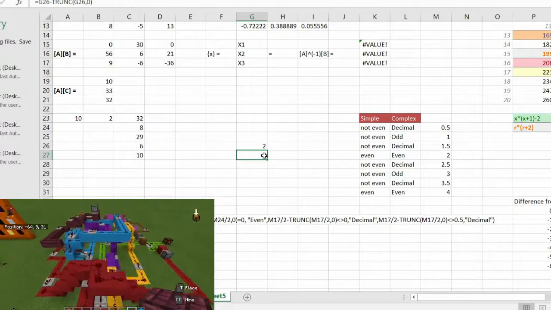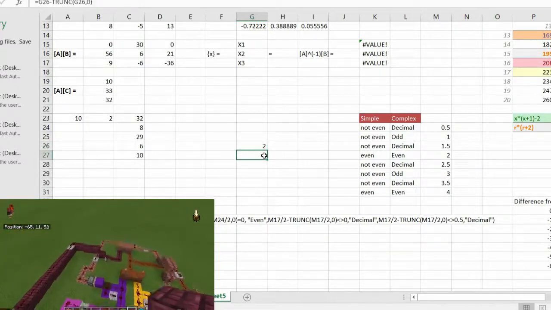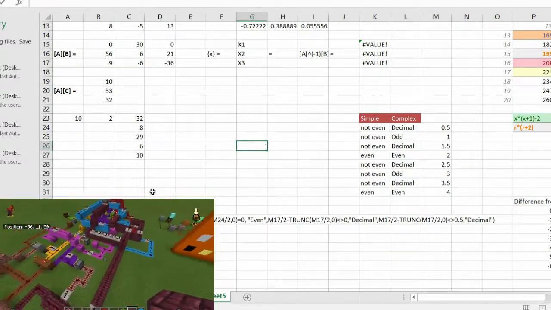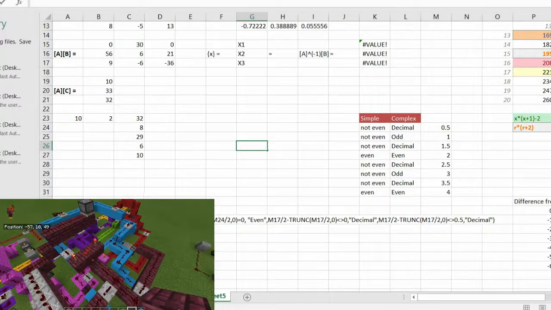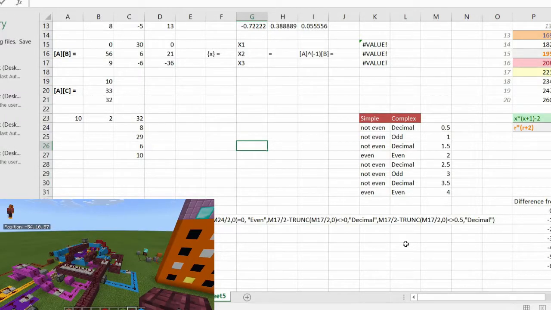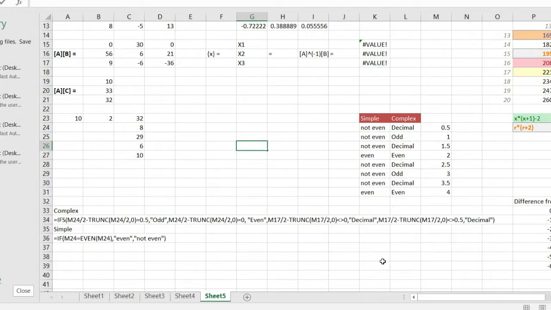It's 0. Gotcha. So that's basically the very difficult way of how to format. Like I said, it's complex. There is an even function. You can literally type in even, and it'll tell you if the number is even or not. But that's the very complex way to show this.